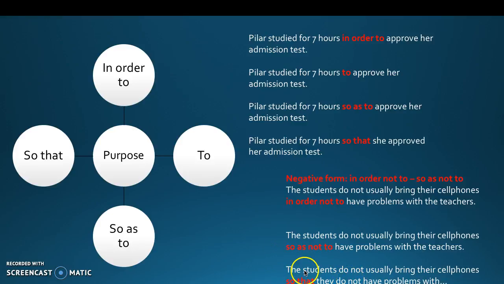So be careful when you make the negative form with so that, because it is different, as you can see in this example. The only ones that have a negative form included in the phrase are in order to and so as to, as you can see in those two cases.